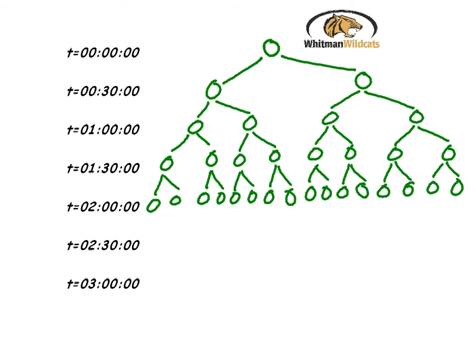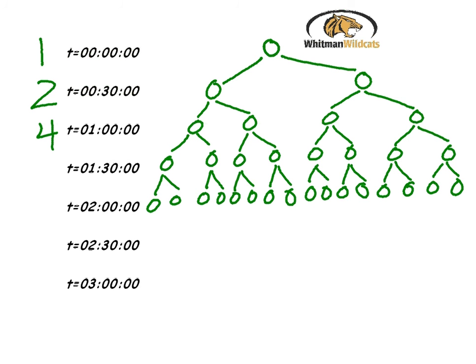So rather than continue drawing them, let's see if we can get a pattern going. At time equals 0, we have one amoeba. And after half an hour, our first amoeba splits, and it becomes 2. And when another half an hour goes by, time equals 1 hour, our 2 amoeba split again and become 4.